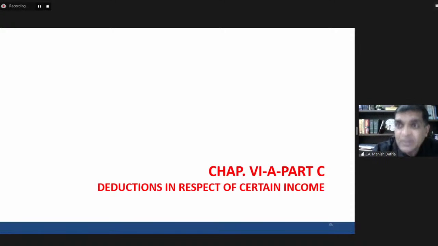So the same information may be used twice. The same income and information is to be used with respect to calculation of that gross total income, and the same is to be used for allowing some deduction to the assessee. So this is something very important with respect to these income-based deductions.